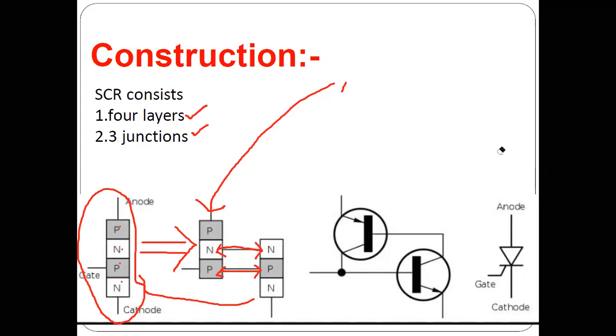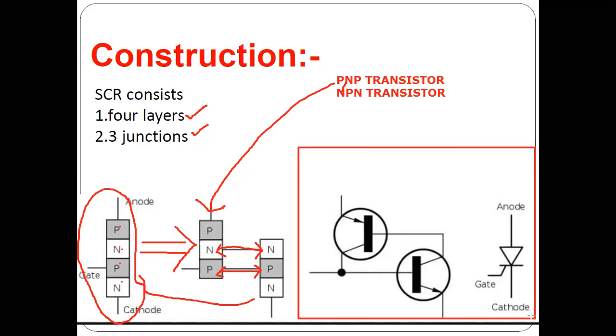So here we can study again in detail with respect to the transistor model. When it comes to the transistor model, just look at this particular figure here. This model says that I have one transistor, which is this transistor, and it is a PNP transistor.